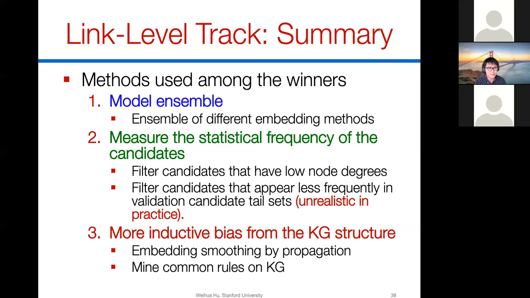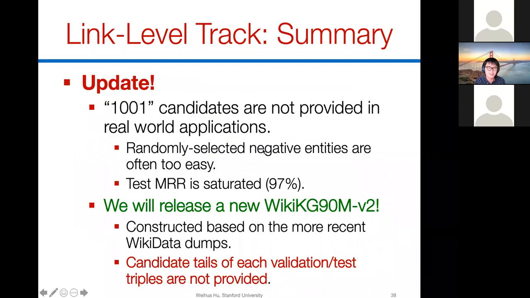And since on this task people have already achieved quite impressive performance, like 97% accuracy, and there's almost no room for improvement, the question we ask is: is this data set solved? And the good news is that it's not really solved, because the biggest problem with the current evaluation is that for each triple, we provide a very small number of candidate nodes, and we only require the winners to rank among those candidates.